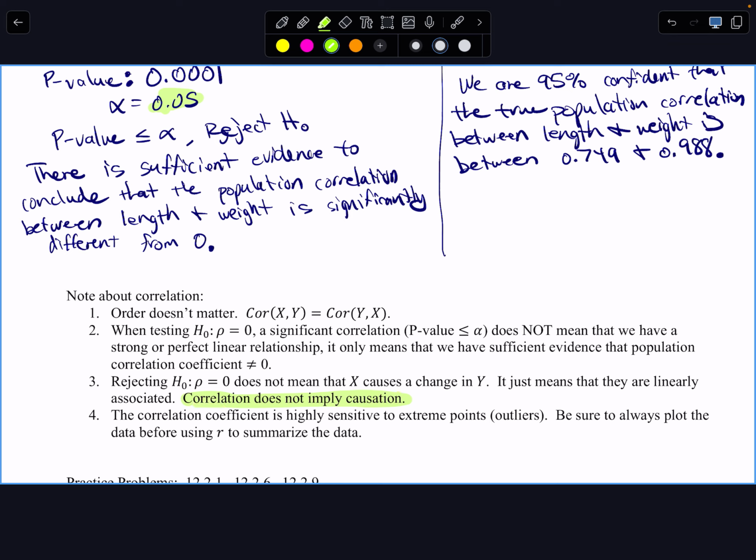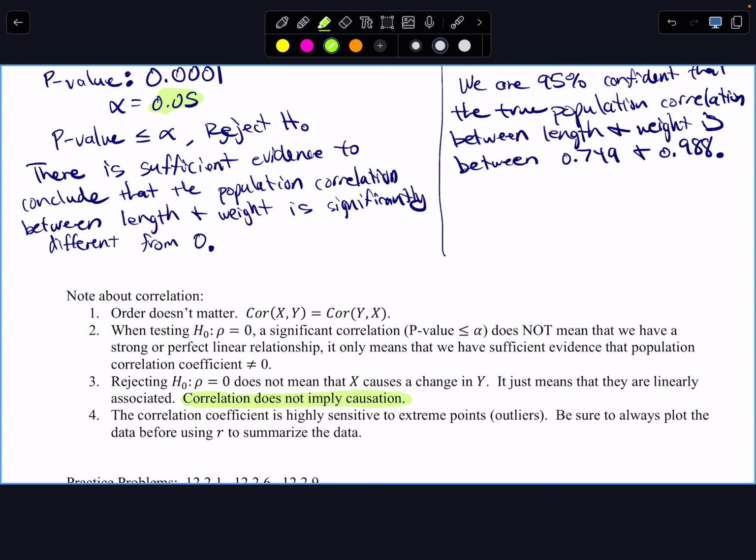Just because X and Y are strongly linearly related, it does not mean that X causes a change in Y, all right? It just means that there's a relationship between them. The only way that we can say that X causes Y is for us to do a true experiment, like a randomized controlled trial or something like that. Correlation coefficients are usually used in observational studies where you're going out and you're not manipulating the environment, not giving individuals in your studies treatments. So never say that X causes Y.